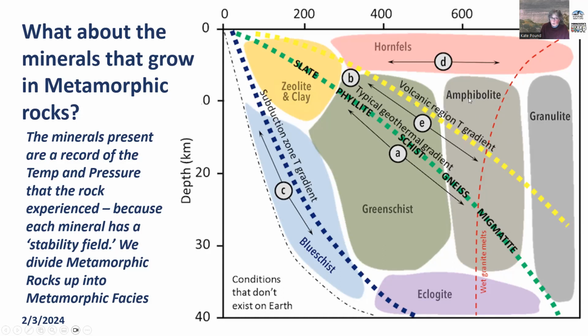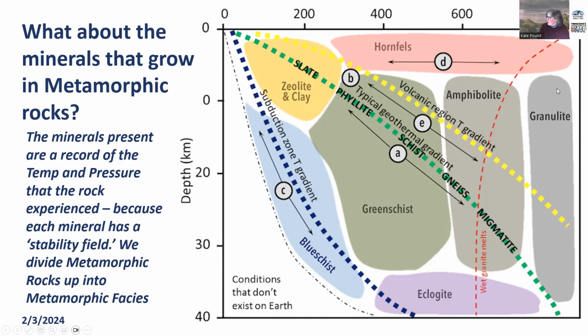Surprise, surprise, or not, a lot of amphibole group minerals are present in amphibolite facies. Remember amphibole or hornblende? That was that dark mineral that looked a lot like pyroxene.